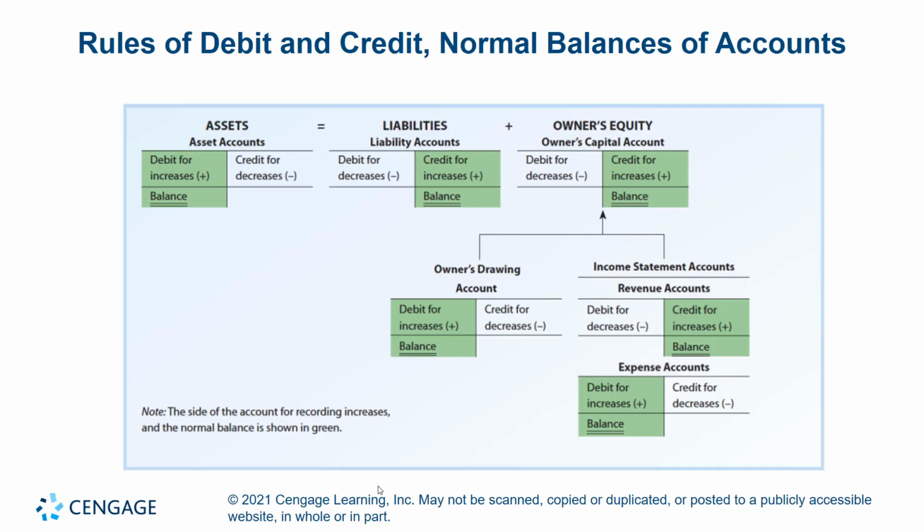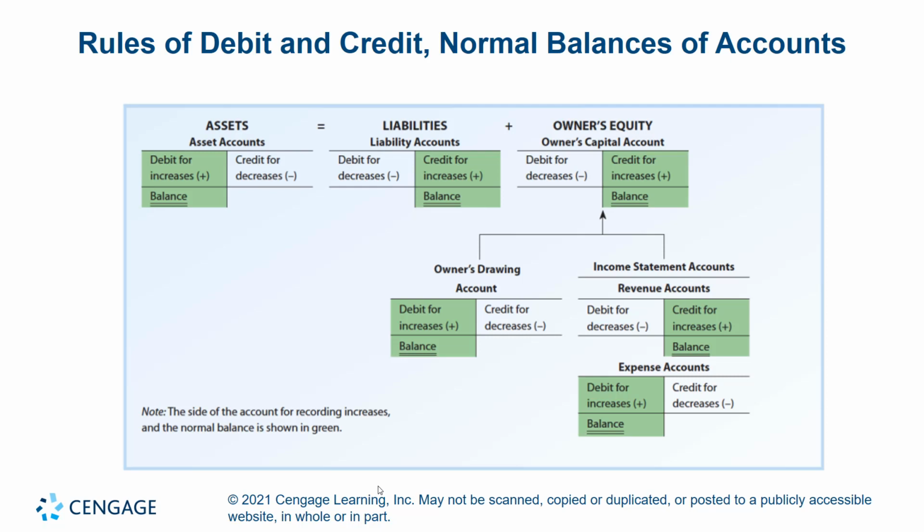Let's briefly review. All asset accounts increase on the debit side. Liabilities is the opposite of assets. So liability accounts increase on the credit side, opposite of assets. Owner's equity, on the other hand, varies. The drawn account increases on the debit side, while the capital account increases on the credit side.